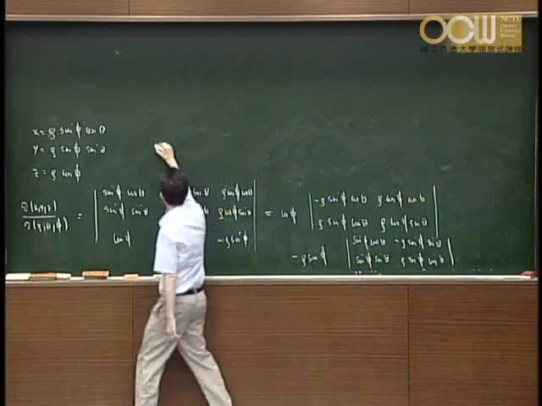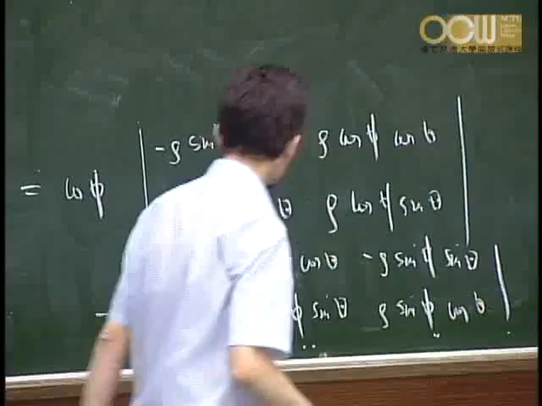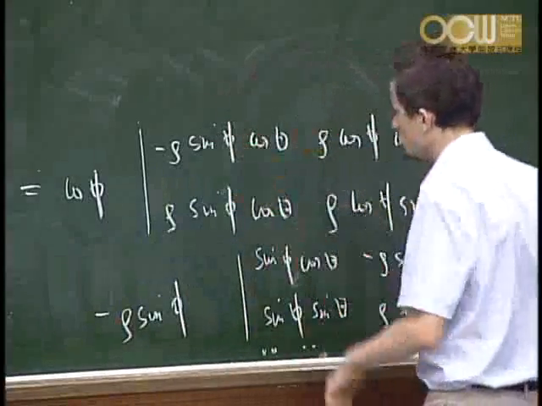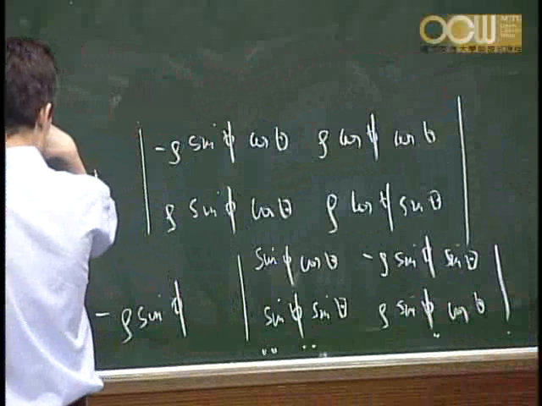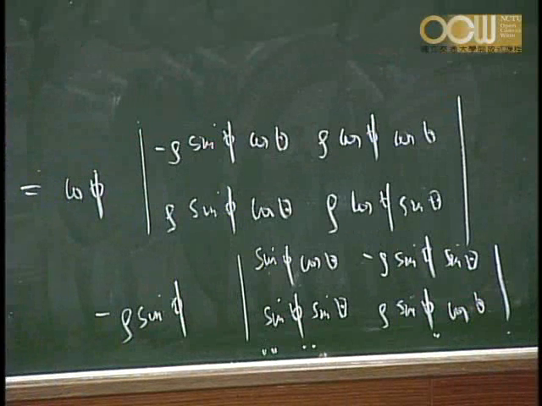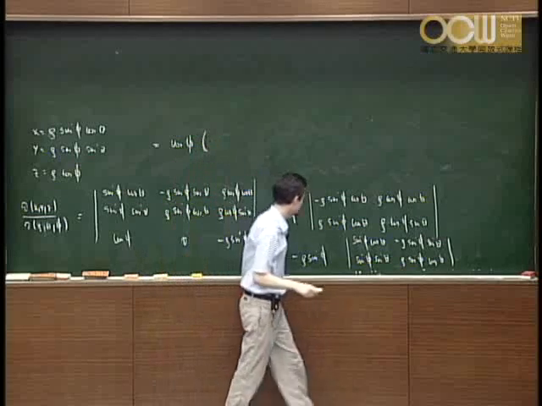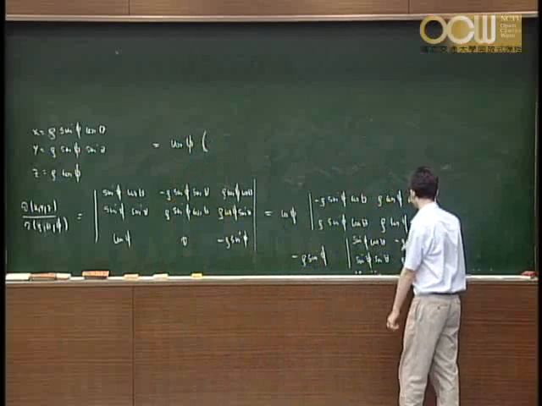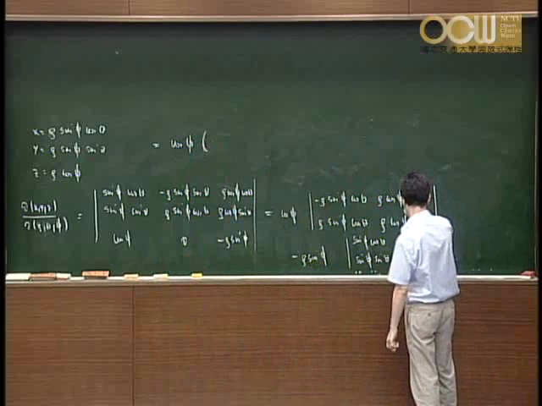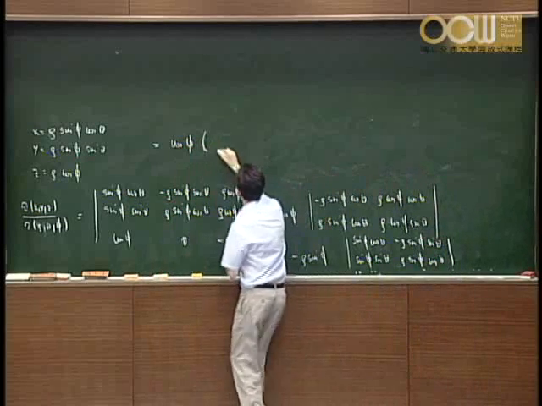Okay. So there are still some terms which we have to consider. So we have to compute this determinant here. So what do we get? We have cosine of psi times the determinant of this one. So this multiplied by this one. Okay, let's write everything out.